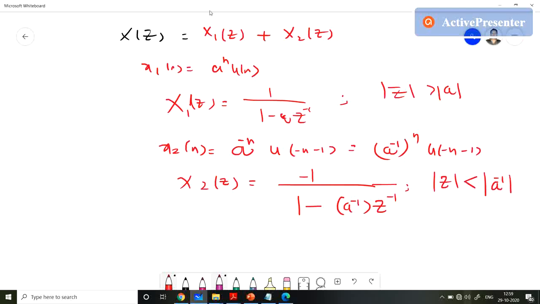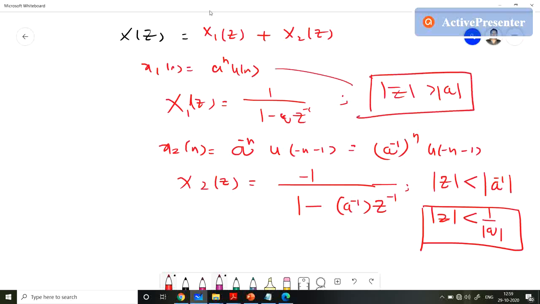So in short, we can write it as modulus of Z is less than 1 divided by modulus of A. This is the ROC for this signal, and this is the ROC for this signal.